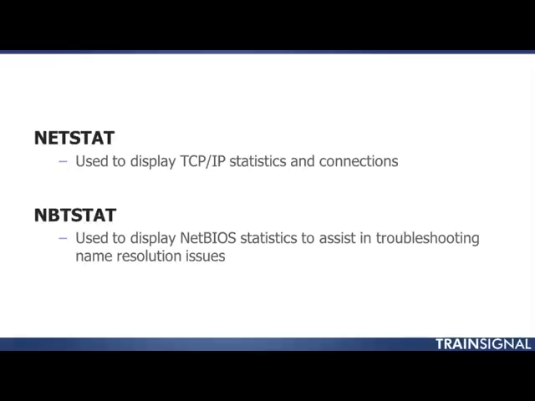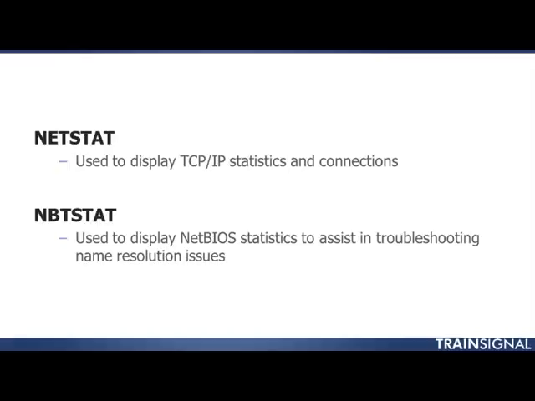It is used to display network statistics, or more specifically TCP/IP network statistics and connections. If you are trying to troubleshoot a network problem, it can come in handy to see certain statistical information about what's going on with the network.